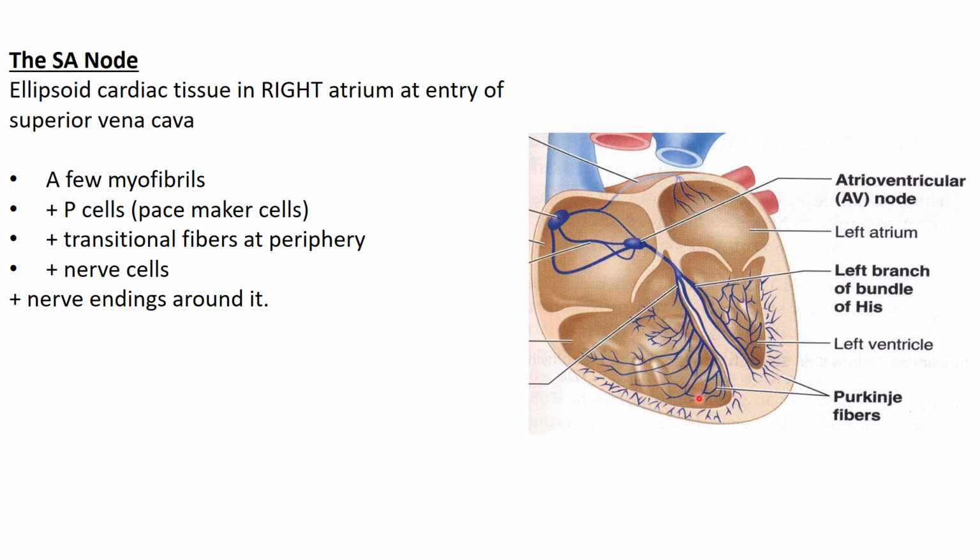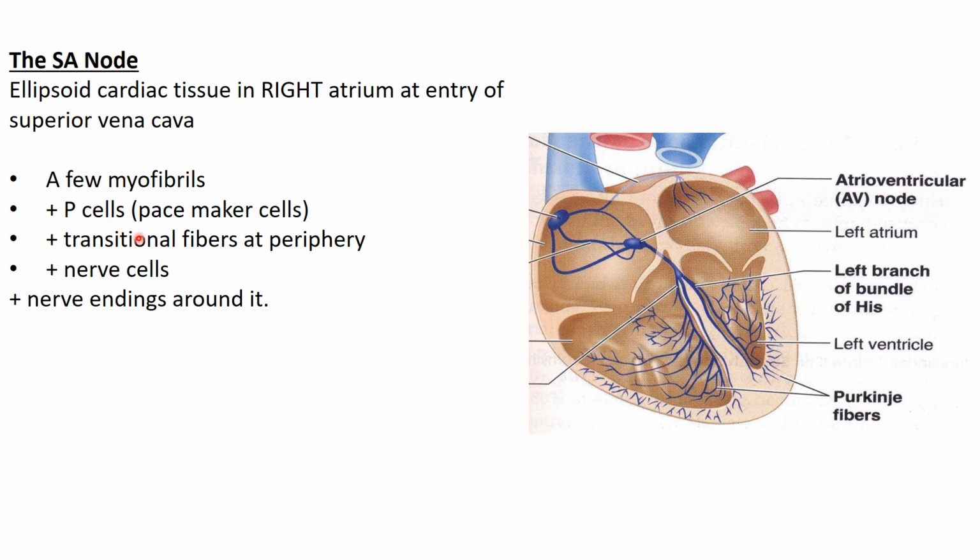But at the moment, we are trying to see the SA node, and this is an ellipsoid cardiac tissue in the right atrium at entry of the superior vena cava. This node also is part of the cardiac muscle but has got very few myofibrils, the actin and the myosin filaments. Actually, it has got P cells in it.